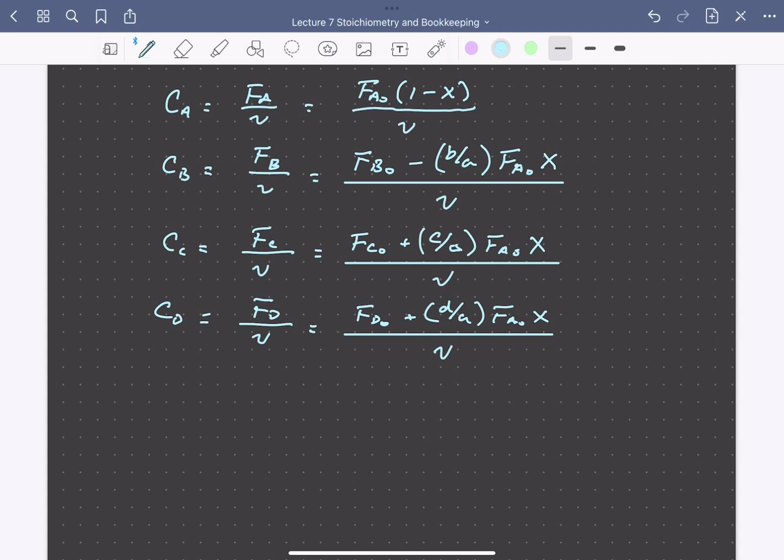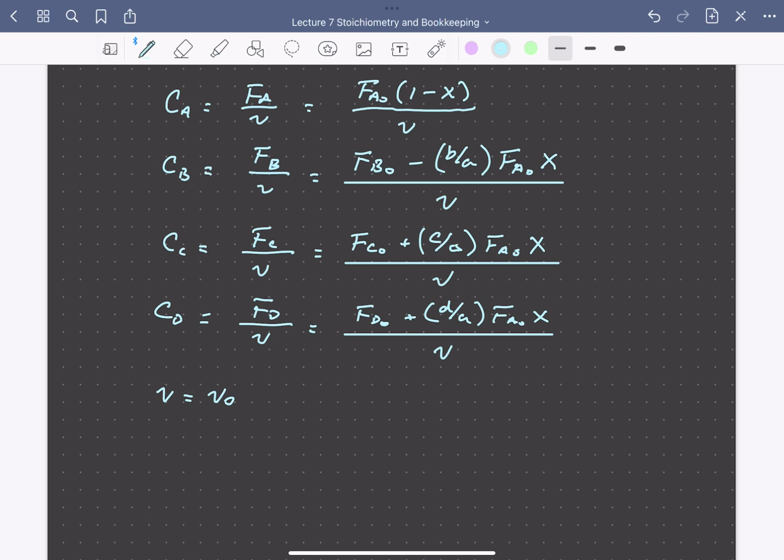Okay. So for the case of constant density, that is that the volumetric flow rate is equal to the initial volumetric flow rate at any position in the reactor, the case is going to become quite simple to describe, so that the inlet molar flow rate of any species, let's say A, divided by the inlet volumetric flow rate is just going to be the inlet concentration.